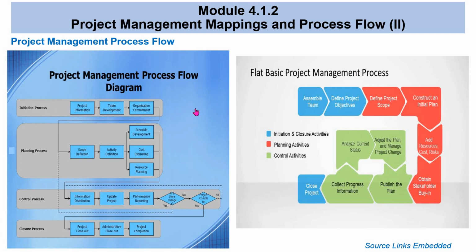So you look at the phases like initiation process, and you look at what could be done, like having the project information and then developing the team, as well as having some organizational commitment. Then you go into things like scope definition, which is more in the planning process, activity definition, cost estimating and resource planning, all in the planning, as well as schedule development.